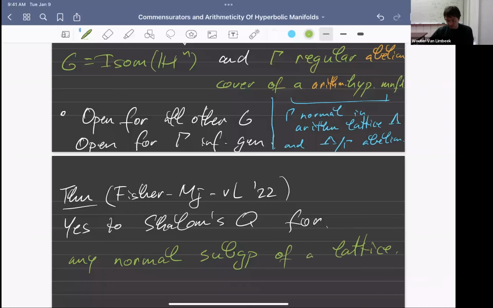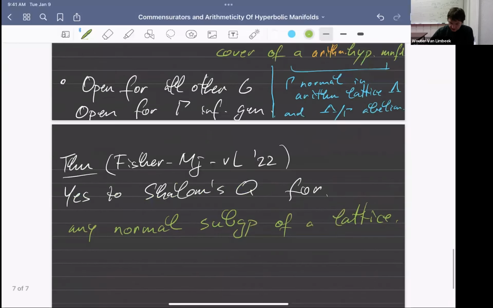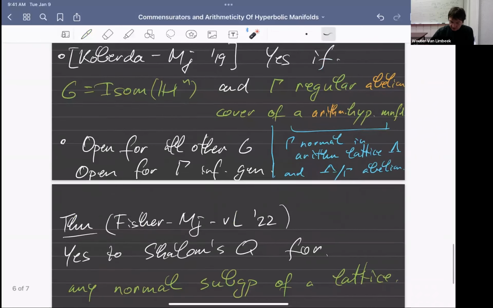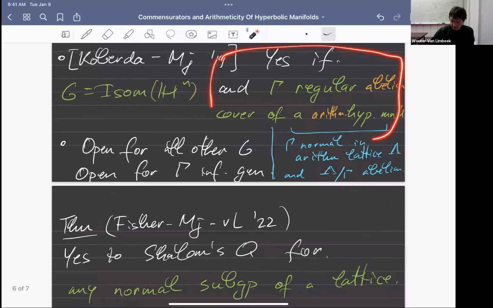Okay, so in other words, if you compare with this result up here, which I think was the state of the art before this, here you have a normal subgroup, but the quotient needs to be abelian, and the lattice needs to be arithmetic.